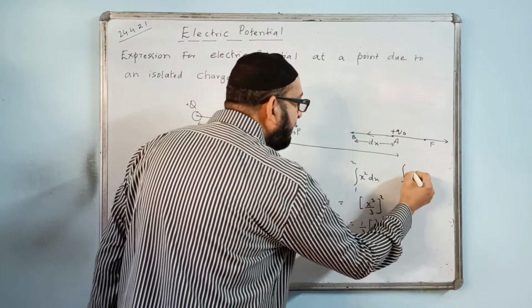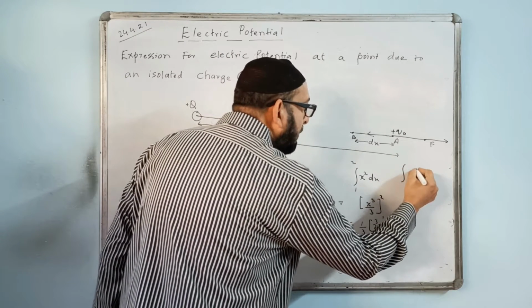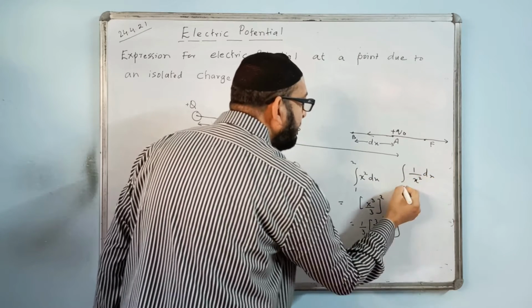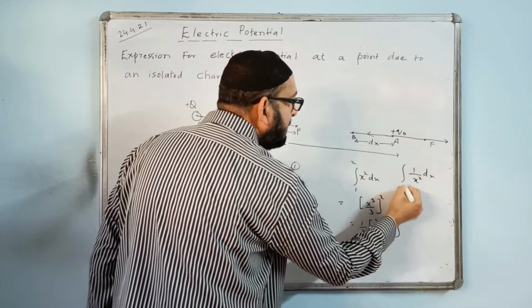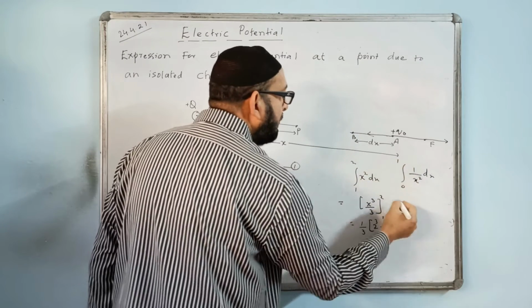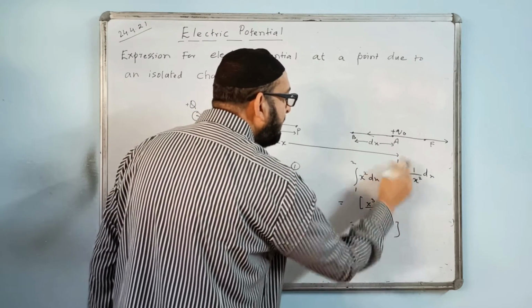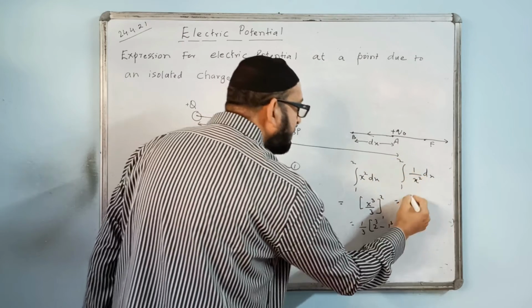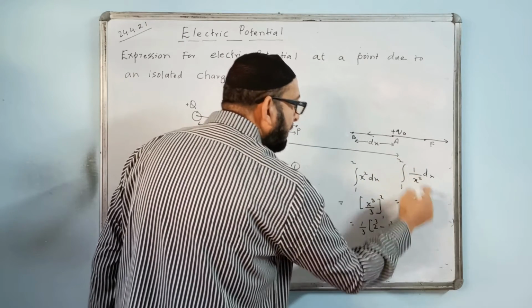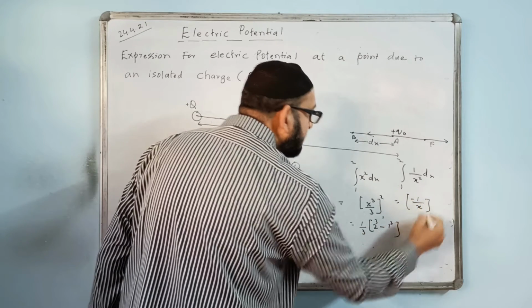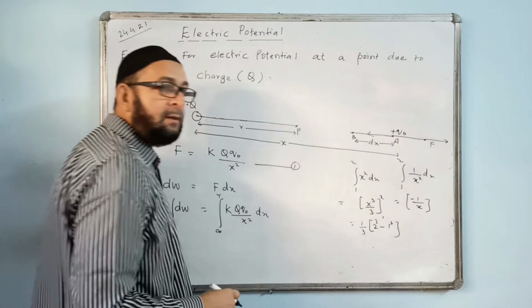Similarly, if I am having 1 by x square dx with the limits of anything, say 0 and 1, whatever it is, how do we evaluate it? We are having 1 and 2 over here. First of all, we will write down the integration answer of 1 by x square. The answer is coming minus 1 by x. I think I have done it already.